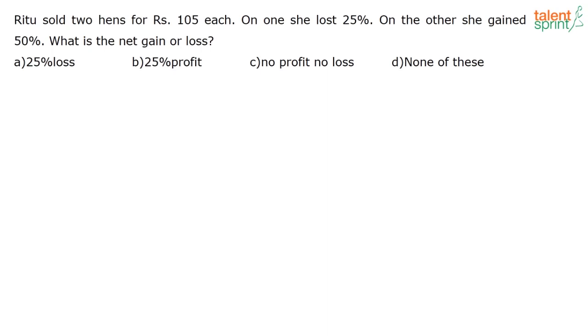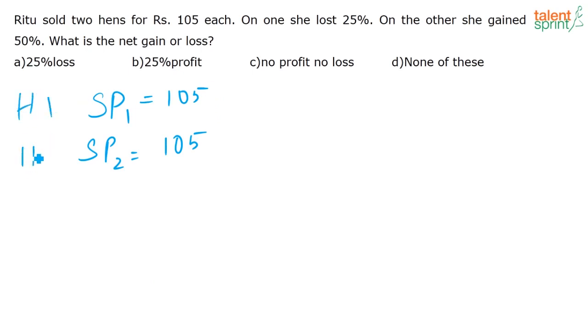Now let us first understand what is asked in the question. See, there are 2 hens. Let us take SP1, selling price of the first hen, that is equal to 105. Selling price of the second hen, that is also equal to 105. So Ritu is selling 2 hens for 105 each. On the first hen she lost 25%. So what does that mean? This is hen 1 and this is hen 2.